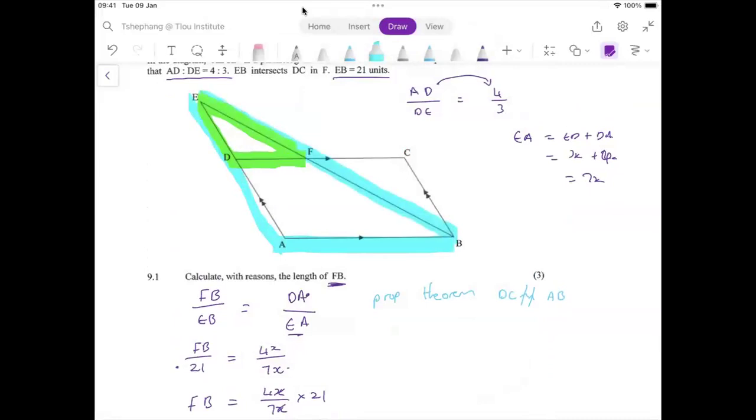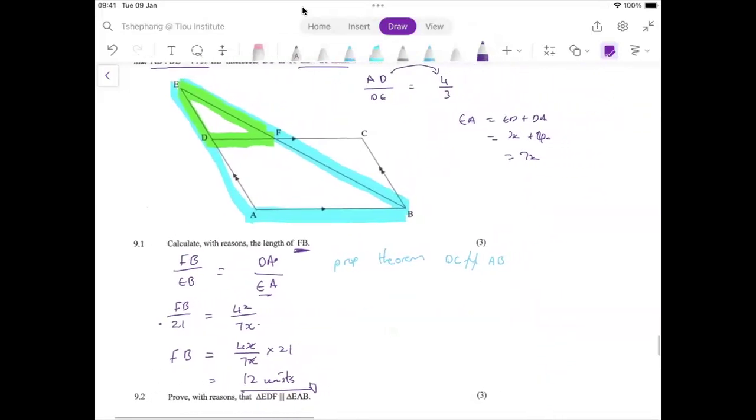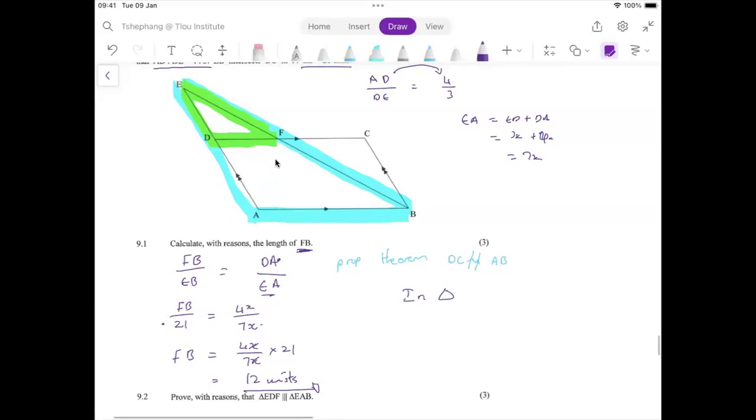We need to prove that. I'm going to zoom out a little bit. So let's say in triangle EDF and EAB, what's common?